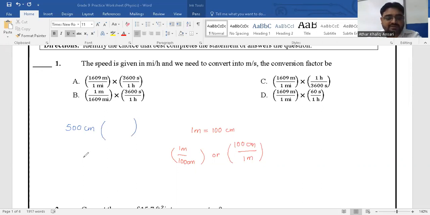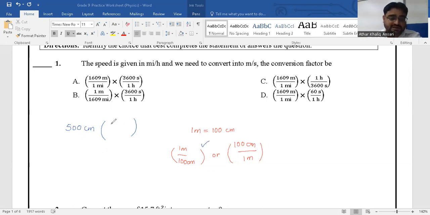There are two conversion factors between centimeter and meter, so I will pick the one that will cancel the old unit and give me the new unit. My old unit is centimeter and I want to cancel it to make it a meter. So I will pick the first one, in which centimeter is the denominator.